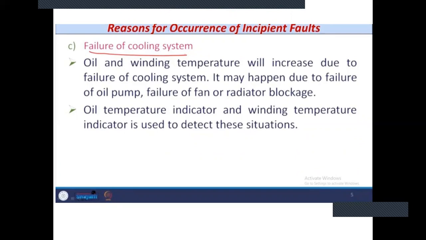When the temperature increases due to the failure of the cooling system, it may occur because of the failure of the oil pump, or failure of some fan used in the transformer, or a blockage in the radiator. These three may be the reasons for the increase of the oil temperature. To detect this type of abnormality, an oil temperature indicator and winding temperature indicator must be installed in the transformer, which detect the temperature of the oil.